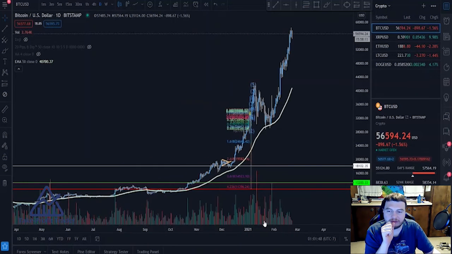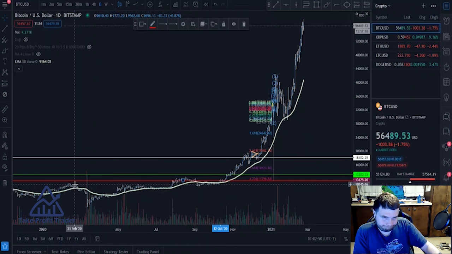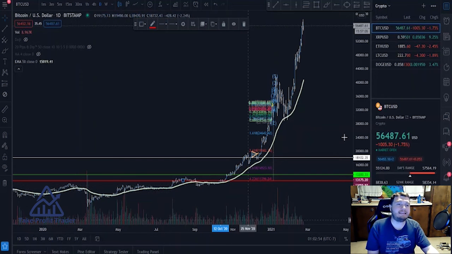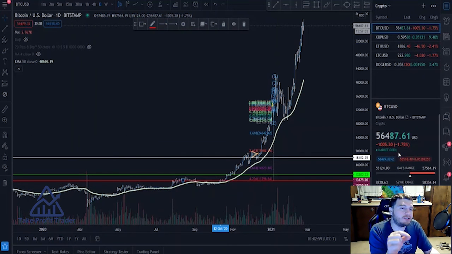So let's look at this. Bitcoin one year ago was at $10,000. It is currently at $56,000. So the purchasing value of that Bitcoin has gone up significantly.